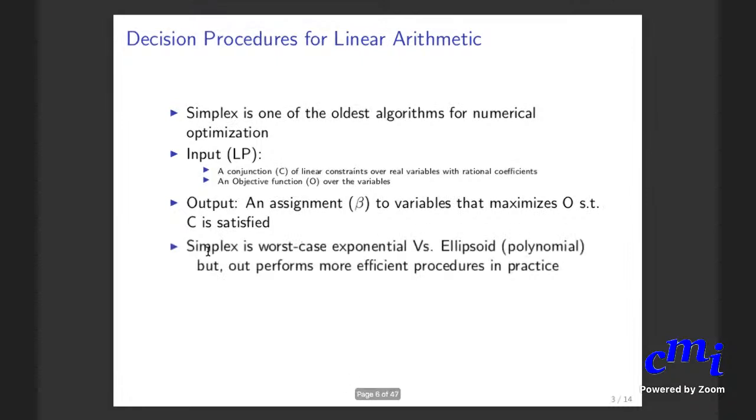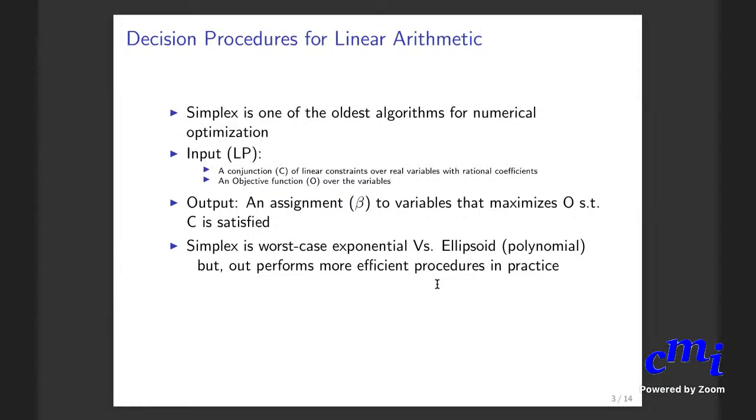Now, although simplex is worst case exponential and there are more efficient algorithms for deciding the LP problem, simplex in practice outperforms most of those other procedures, and that's why it is still very popular.